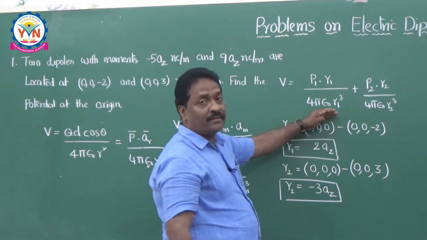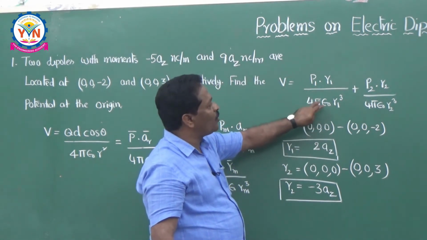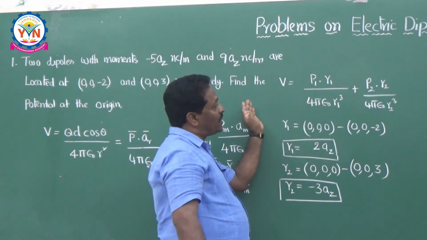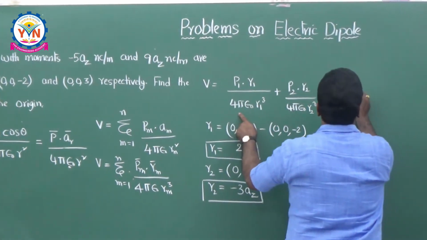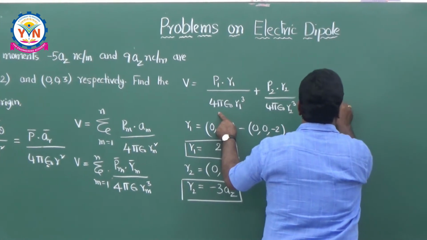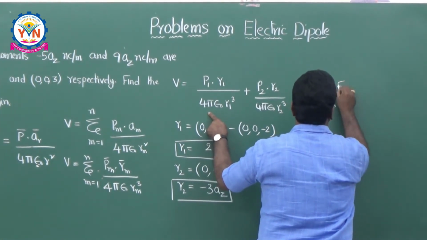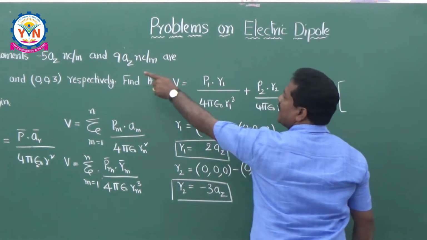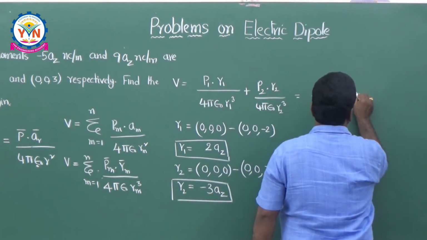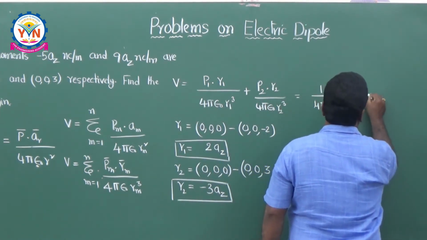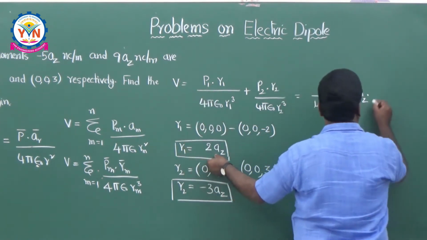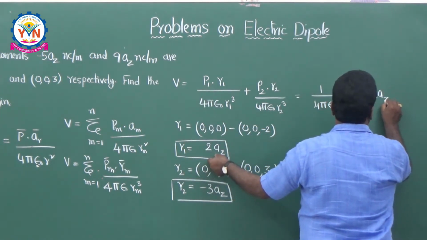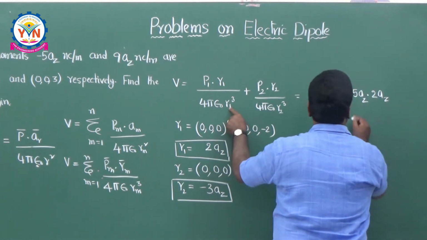Just substitute here. Here 1 by 4 pi epsilon naught is a constant, so I am taking it as common. What is P1? Minus 5 Az, dot R1, which is 2 Az, by R1 cube.